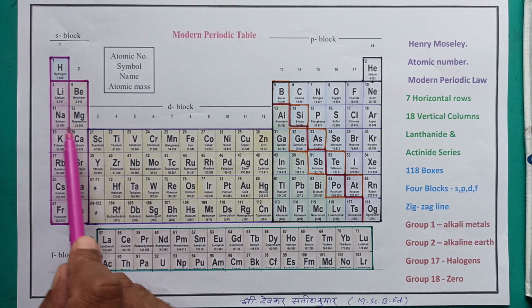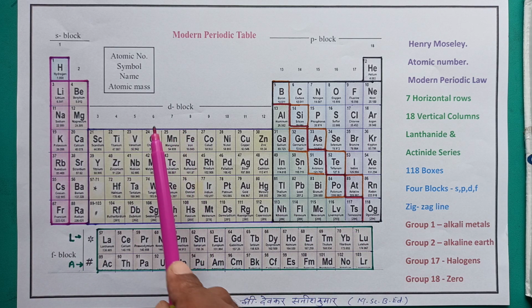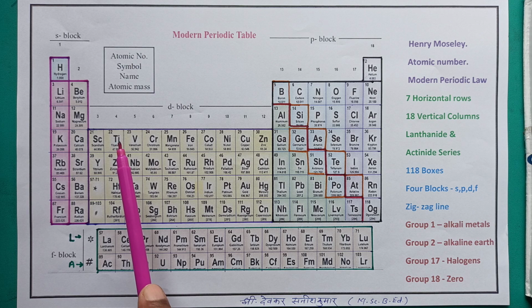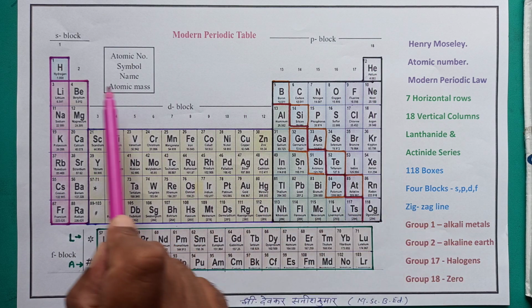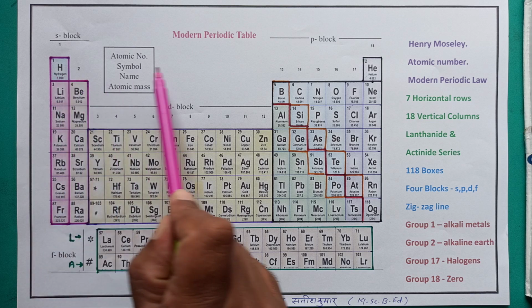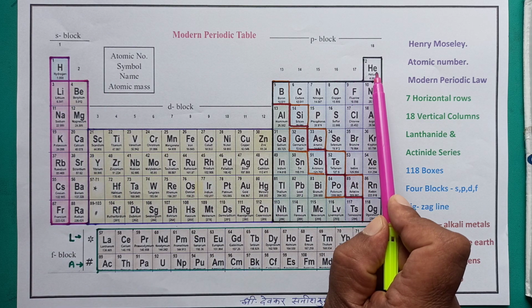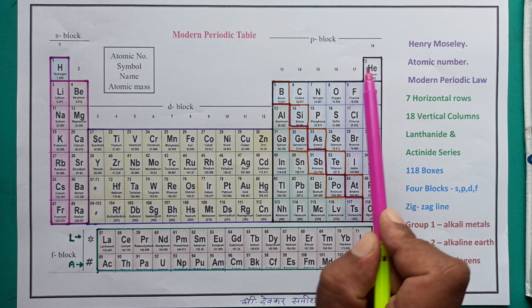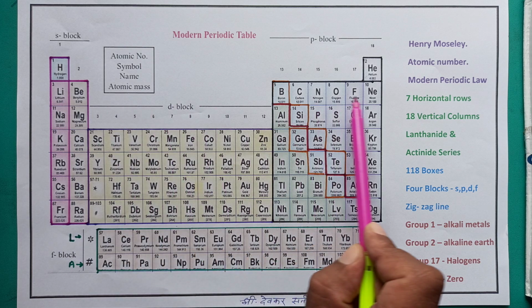Then 7 horizontal rows. This modern periodic table contains 7 horizontal rows, and these 7 horizontal rows are called periods. The first period contains only 2 elements, hydrogen and helium. The second period contains 8 elements.